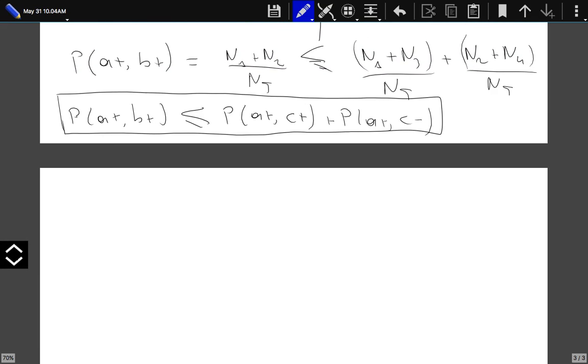We had this system. Let's assume we have 1 over square root of 2, a plus, a minus, plus or minus the probability that is a minus, a plus. Now this is my system. And at the point A, you make a measurement.